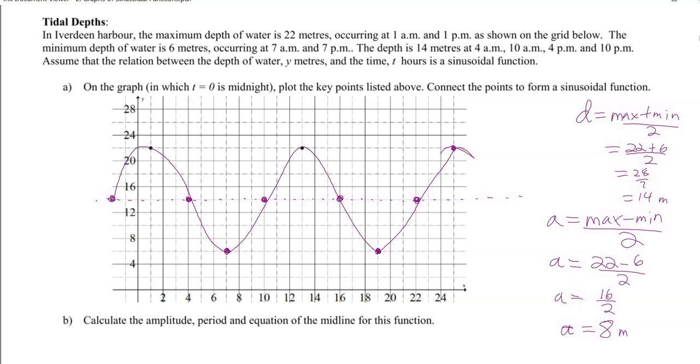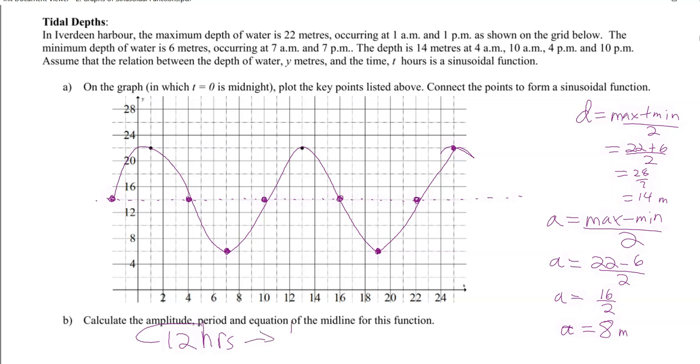Period. So period, we said, was 12 hours. So here's the nice thing. D is the midline, right? We know that D is 14. A is the amplitude, right? Take max minus min divided by 2, you've got A. B is not the period. So B is not 12 hours, right?